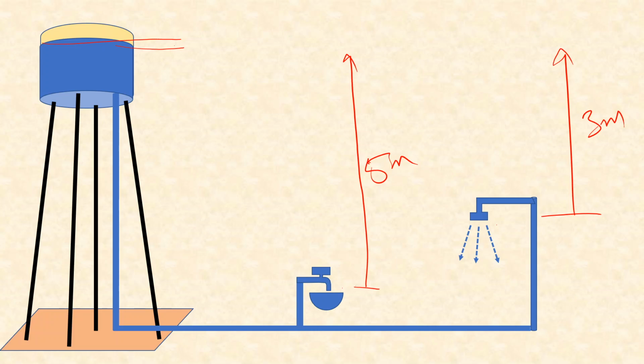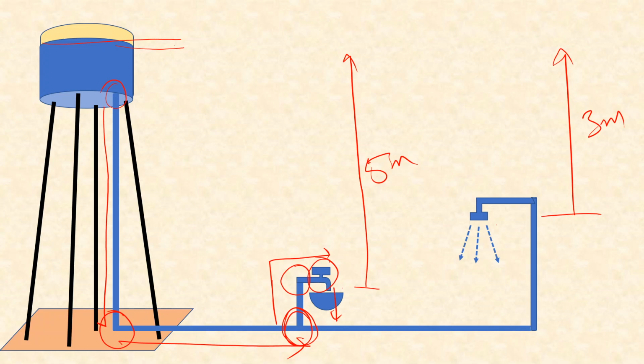Then for this setup, the head loss will be given as head loss at this point, head loss at this pipe segment, head loss at this bend, and head loss over this pipe, then head loss at this branch, then head loss at this bend, head loss at the valve, and all along this pipeline, and head loss at the exit.